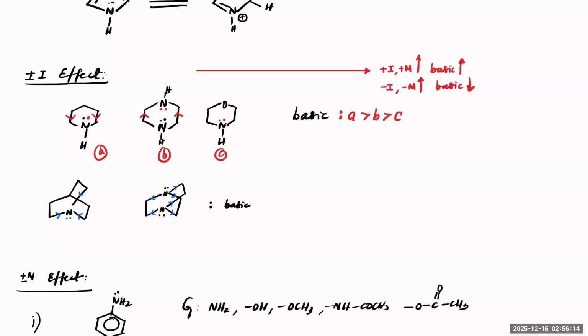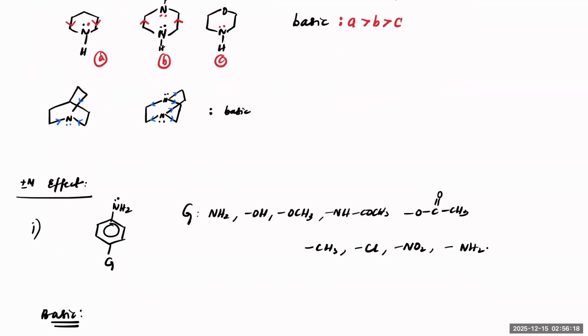We should look at the effects they are causing. Second one, here also the same logic. In this case, nitrogen is being supported from all three directions via plus I. So this is all plus I. While here it is all minus I, because one nitrogen will become a minus I to the other nitrogen. Hence the basic character, if I take this as A and B, definitely A is more basic than B.